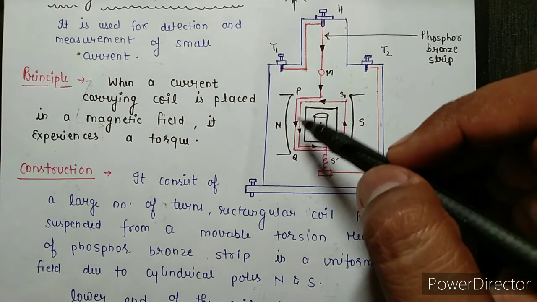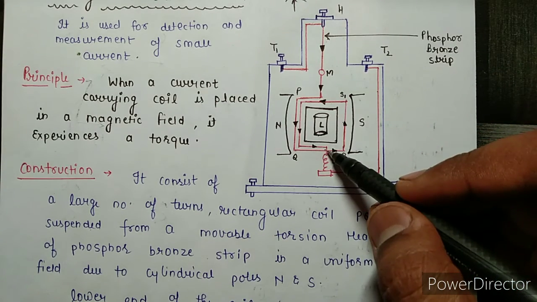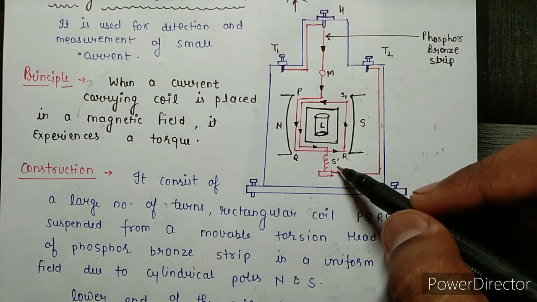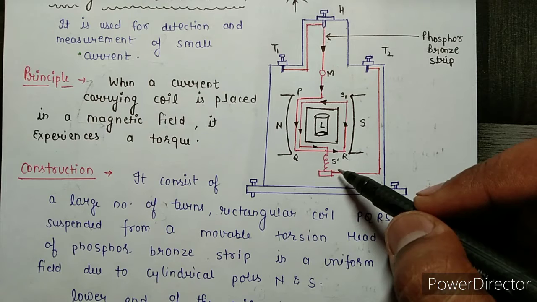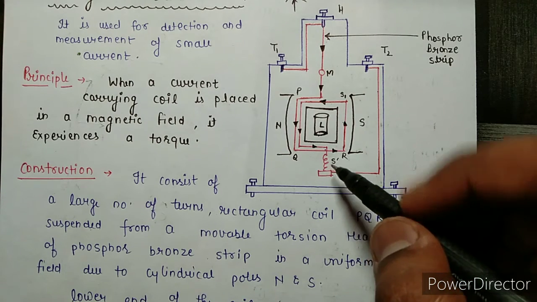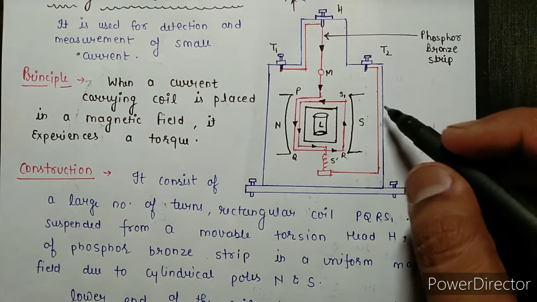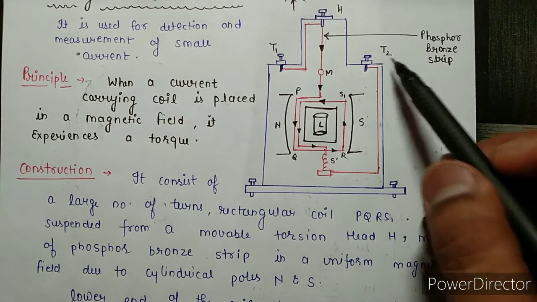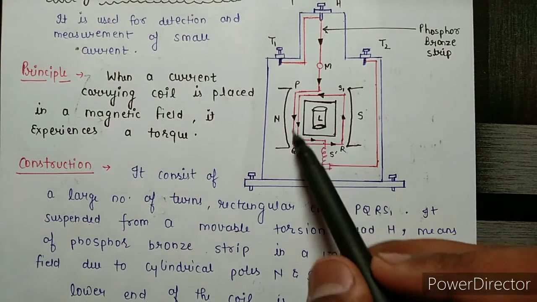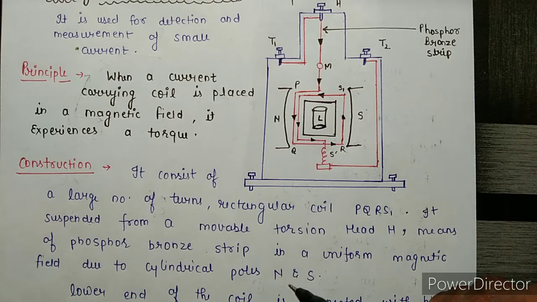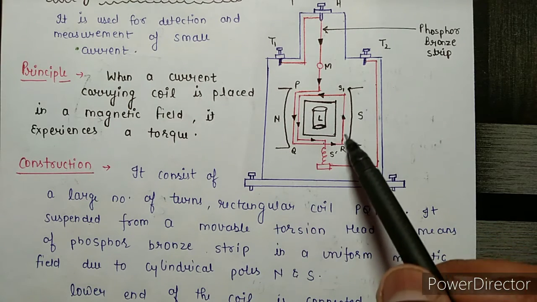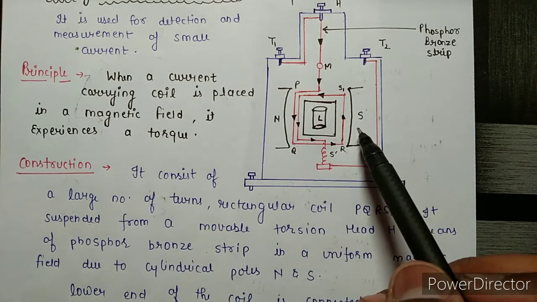The second end of this rectangular coil is connected with another highly restoring spring S dash, and this strip and this spring are connected to the other terminal T2. Now this rectangular coil is placed in a uniform magnetic field which exists due to these cylindrical poles of north and south.